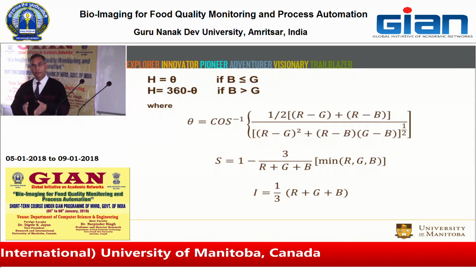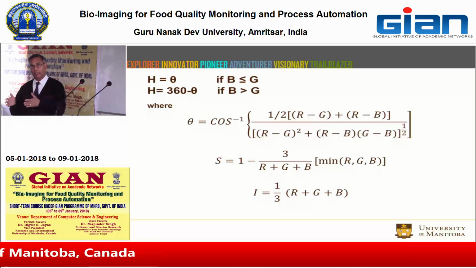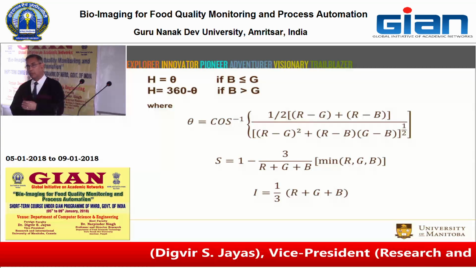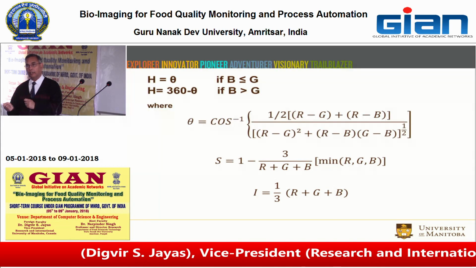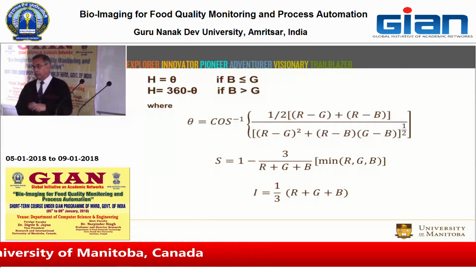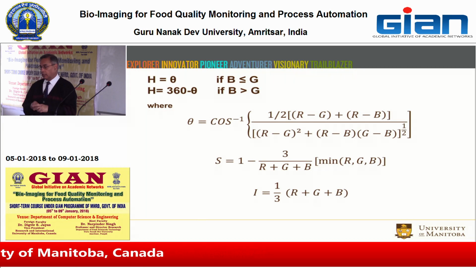Any questions? No. So this is basically how you convert RGB to HSI. If the blue value is less than the green value, then H is equal to theta, and if it is more than green, then H is 360 minus theta. That's how you get the hue values from RGB.